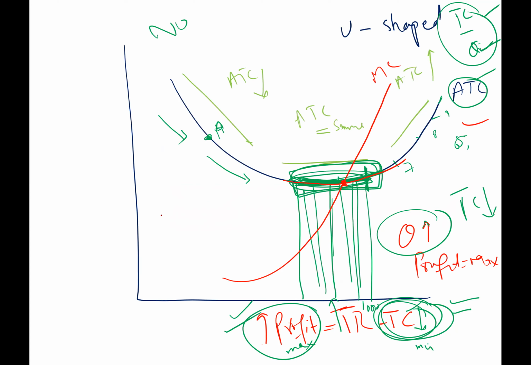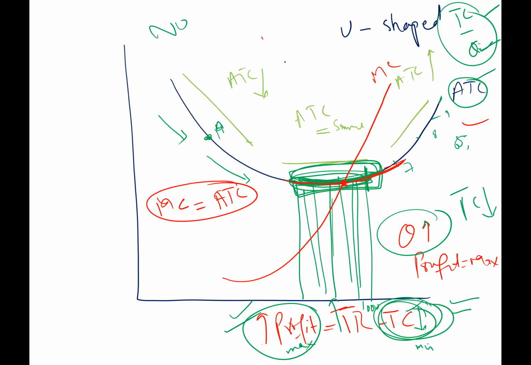All you need to do is produce where MC is equal to every total cost. Or in another sense, the characteristic of MC is that MC crosses the every total cost at its minimum, right?